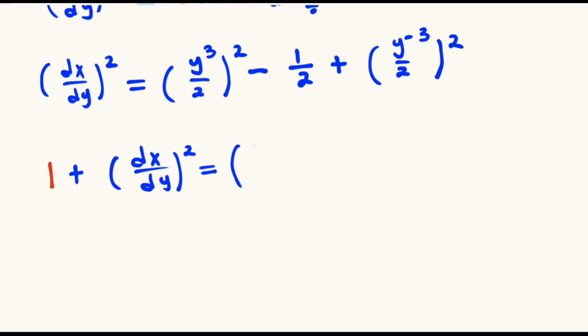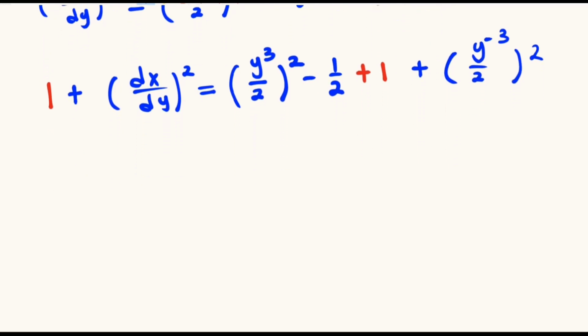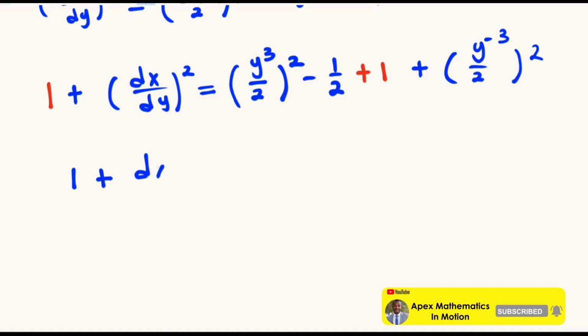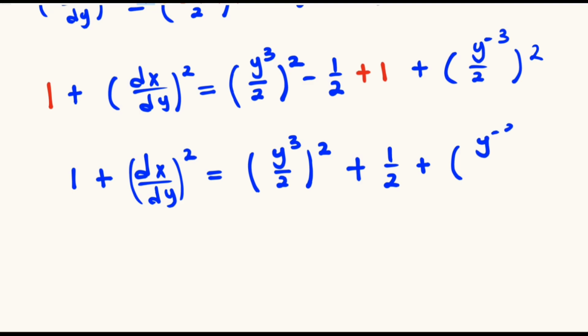This will be equal to (y to the power 3 divided by 2) squared minus 1 over 2, and let's add the 1 next to the negative half, plus 1, this is plus (y to the power negative 3 divided by 2) squared, and from here the 1 plus the derivative of x with respect to y squared will be equal to (y to the power 3 divided by 2) squared, negative half plus 1 will be equal to positive half, plus (y to the power negative 3 divided by 2) squared.